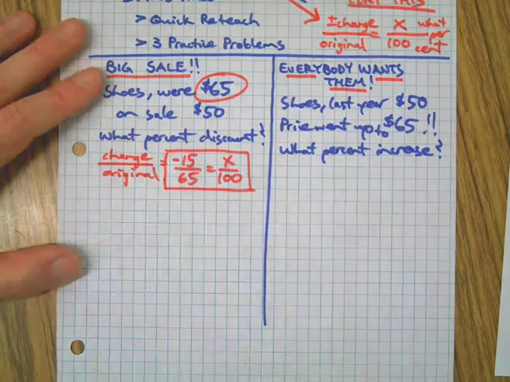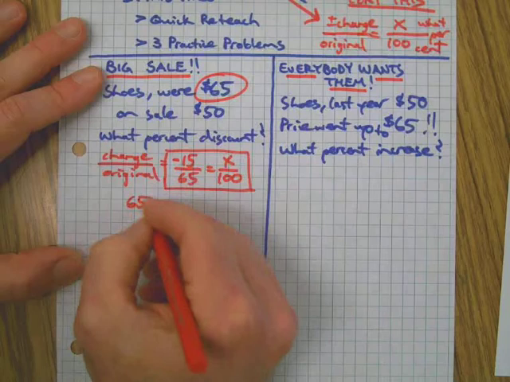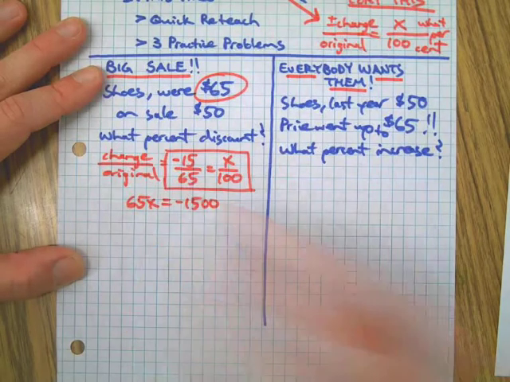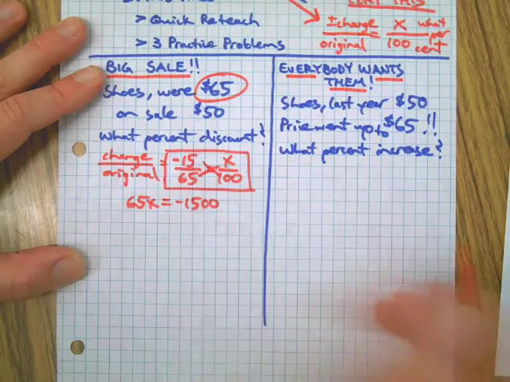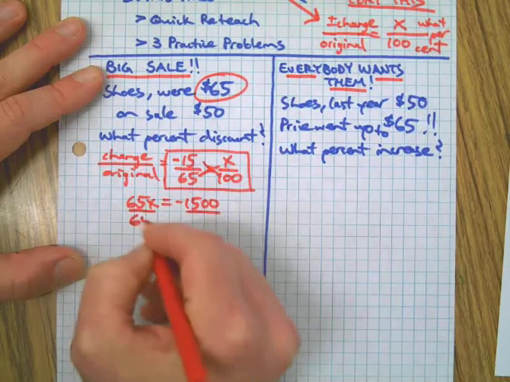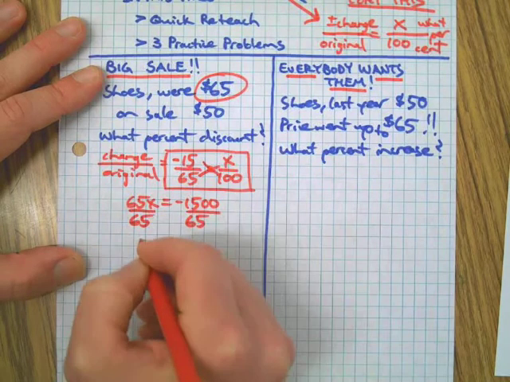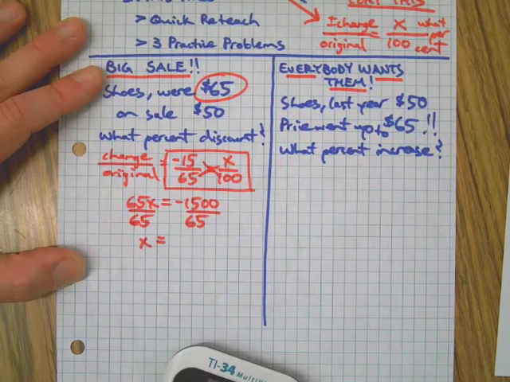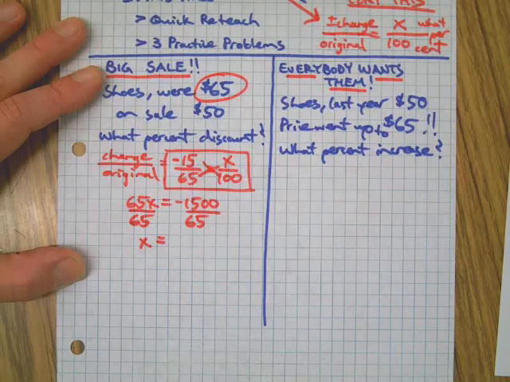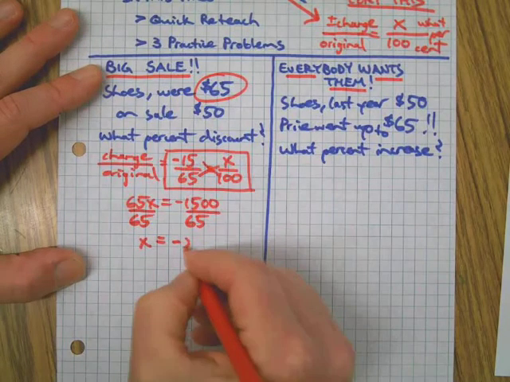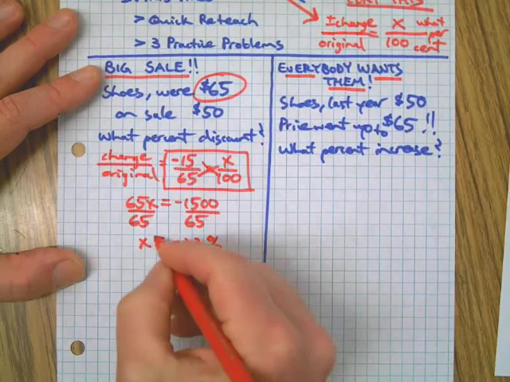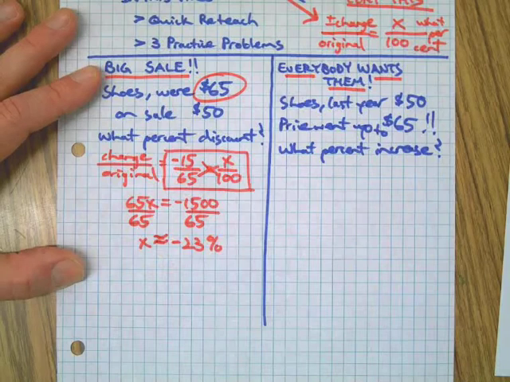Okay? So, I'm going to cross multiply and solve here. You could do any other technique you want. 65 times x, negative 15 times 100. Divide both sides by 65 is going to give us a negative answer, which is going to remind us how much the price went down. So it went down 23%.